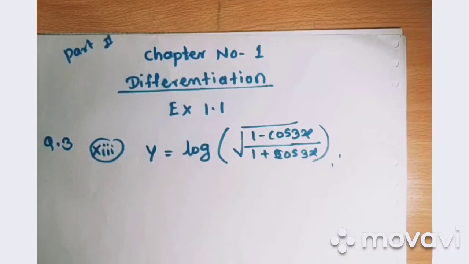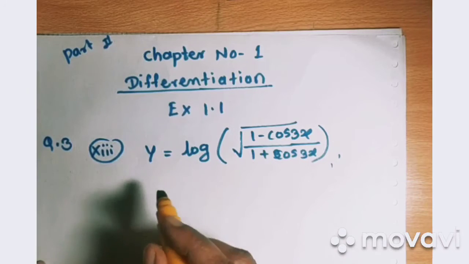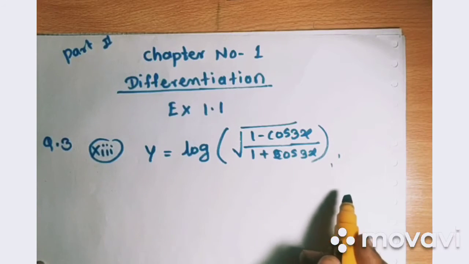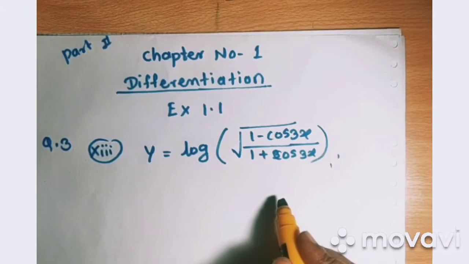In the last video, I also explained the laws of logarithms. Let us see how to solve this example. We use the laws of logarithms as in the last examples.